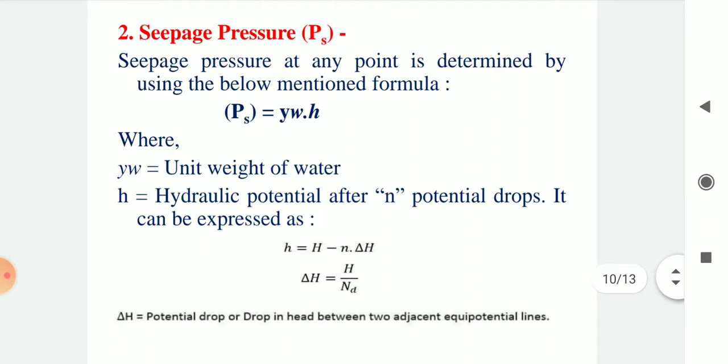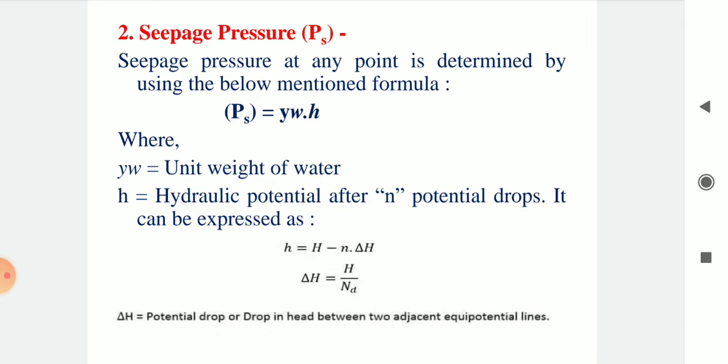Second, seepage pressure, that is Ps. Seepage pressure at any point is determined using the formula Ps = γw · h, where γw is the unit weight of water and h is the hydraulic potential after N potential drops.